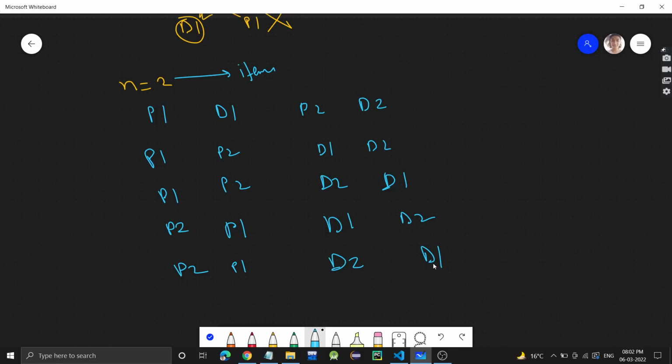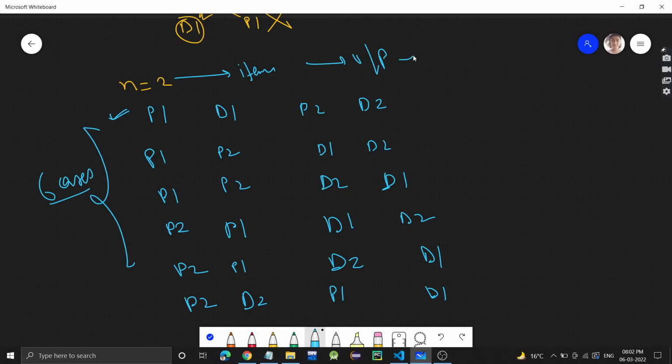Fine. And what could be another case? Another case could be that we are picking the second item, we're delivering the second item, then we pick the first item and we deliver the first item. So these are your 6 cases, right? These are 6 cases which are possible. So output for this will be 6.